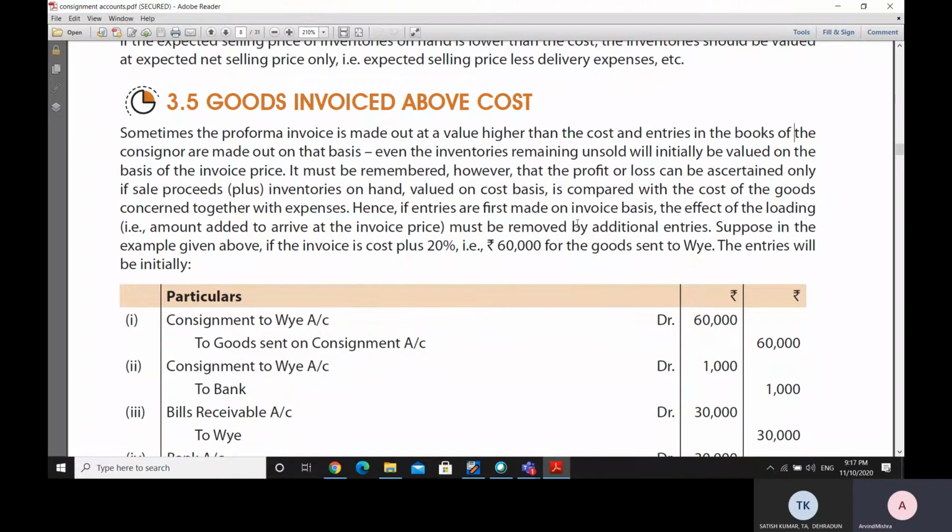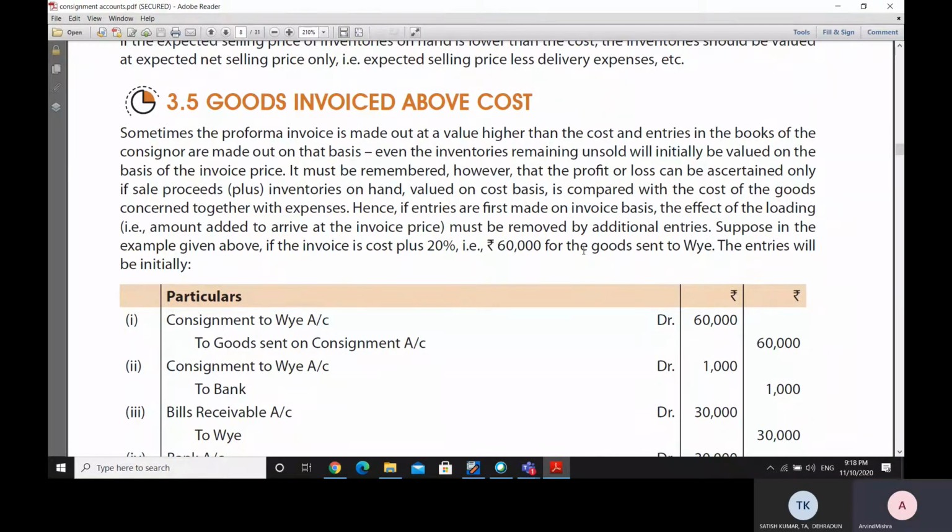So this effect of the loading must be removed by some additional entries in order to find out the profit or loss, even if we have valued the items in the pro forma invoice at a value which is higher than the cost. Well, this also helps the consignor to keep the cost hidden from the consignee, and it also helps the consignor to try and sell his products at a higher price.